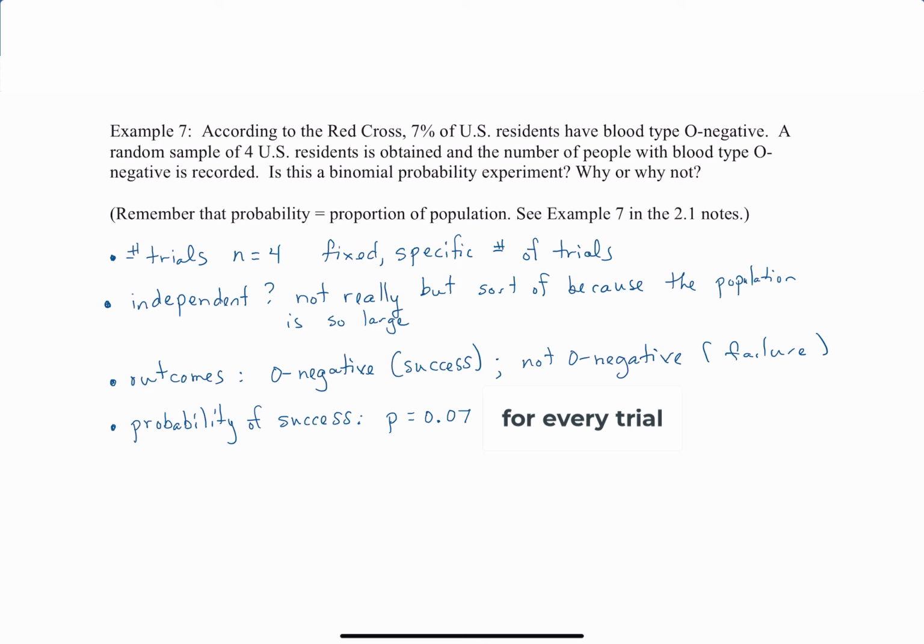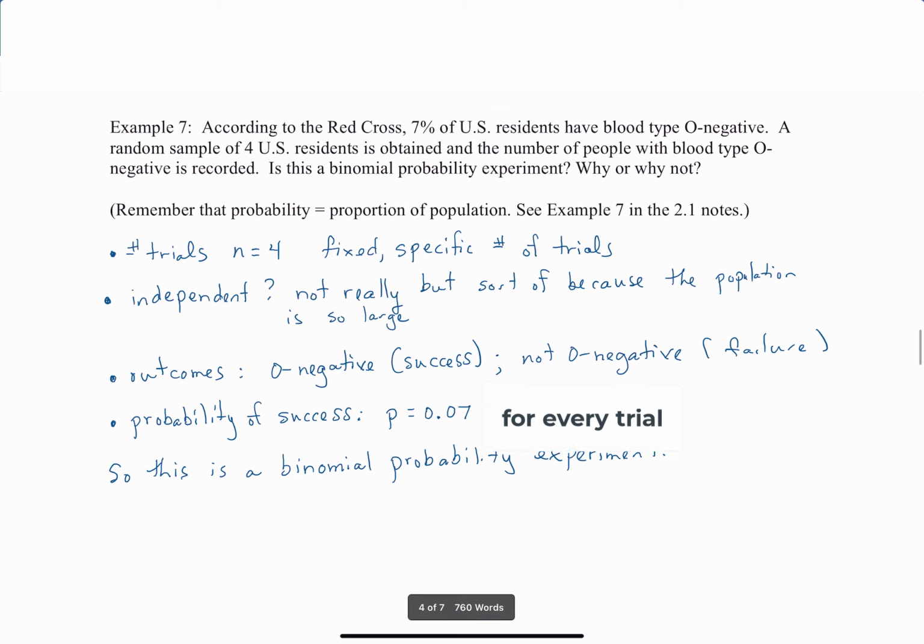So we can say that this is a binomial probability experiment. I mean, if you wanted to be really pedantic, you could say this is approximately a binomial probability experiment, but we're just going to consider it as a binomial experiment.